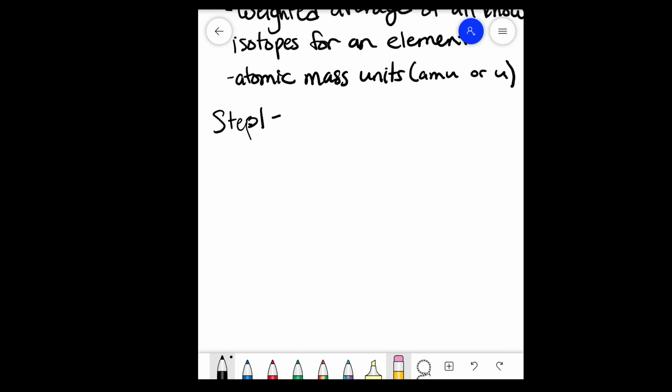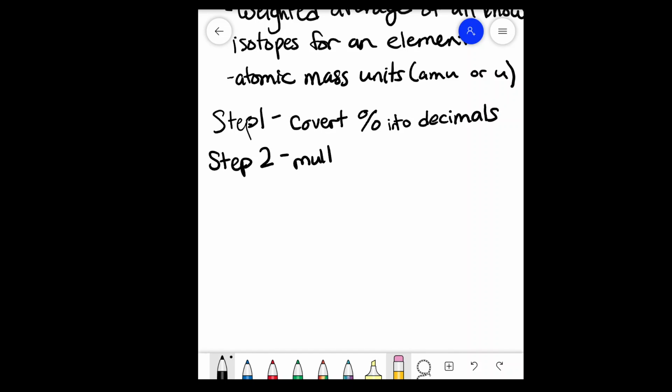Step 1, convert the percentages you were given into decimals. Step 2 is to multiply your percentages, which are now decimals, by the mass.